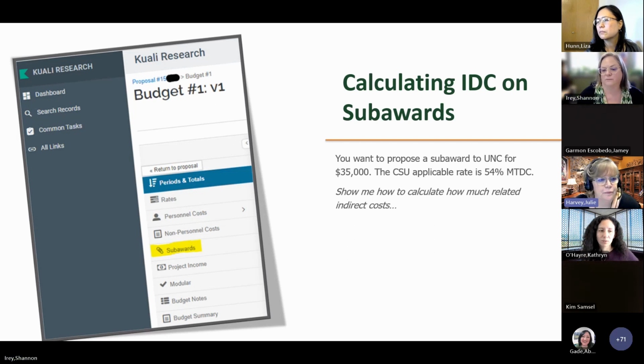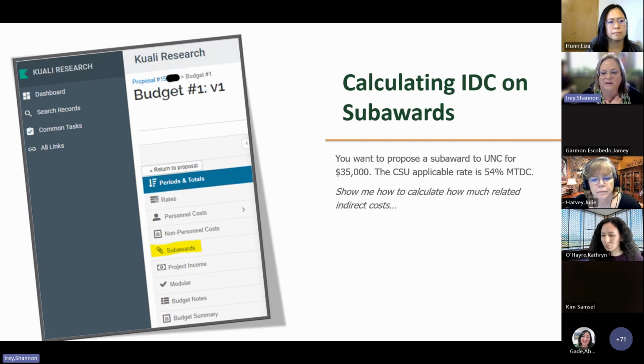Yes. Also, keep in mind that the rates change, but they're auto calculated in KR. Yes. And the best practice is to utilize the subaward tab in KRPD. And then there's also a quick guide on the OSP website. Does anyone need any clarification about what Jenny's talking about as far as us being a sub as opposed to us having a sub on our project?